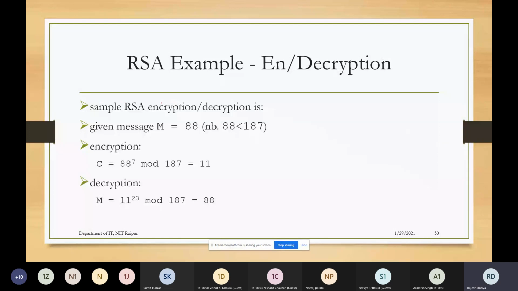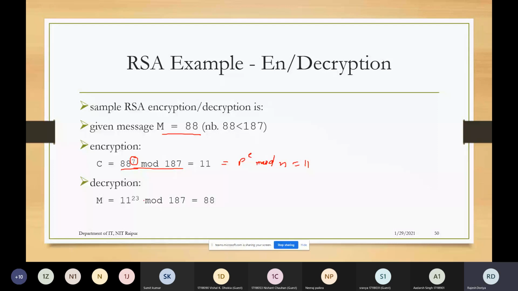Now, for encryption and decryption, let us consider that the message is 88 and we have the public key 7. This is the process for encryption. First you raise the plain text to the power E, then you take the mod N. This produces the value 11.